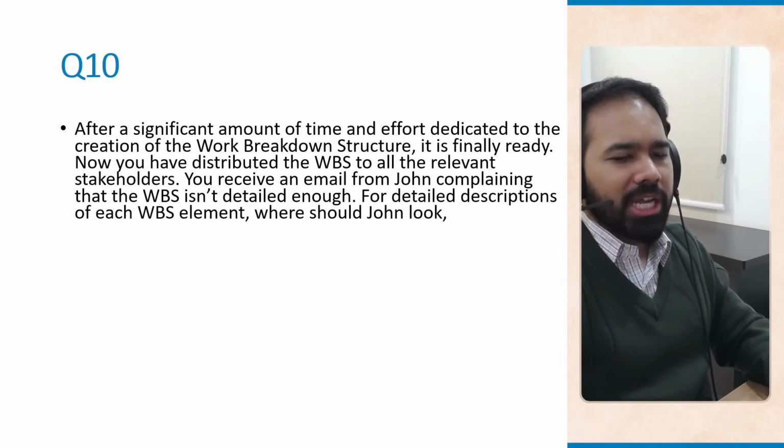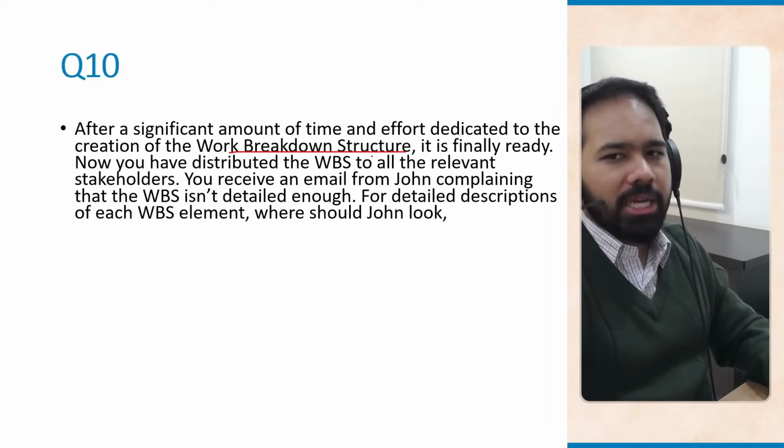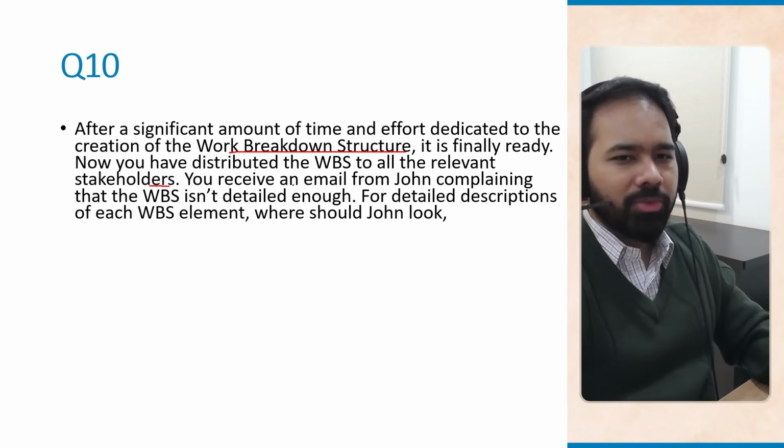Okay, question number 10. After a significant amount of time and effort dedicated to the creation of the work breakdown structure, it is finally ready. So your WBS is ready. Now you have distributed the WBS to all the relevant stakeholders. You receive an email from John complaining that the WBS isn't detailed enough.